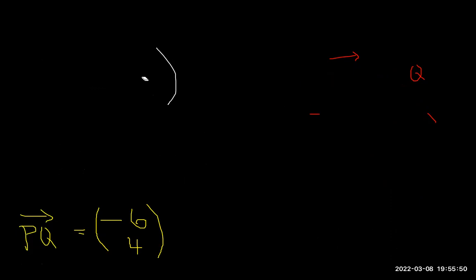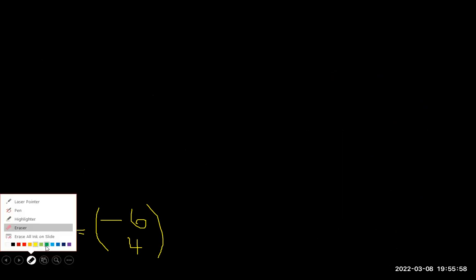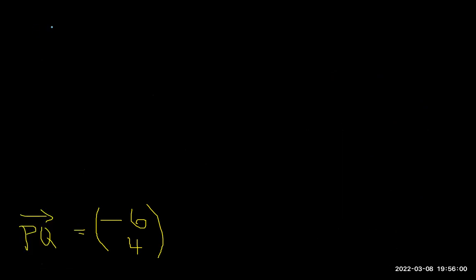So like I said, since they gave you column vectors instead of vectors in terms of i hat and j hat, just leave your answer as a column vector, right? So the first thing you want to do is find the magnitude. You find the magnitude of this.